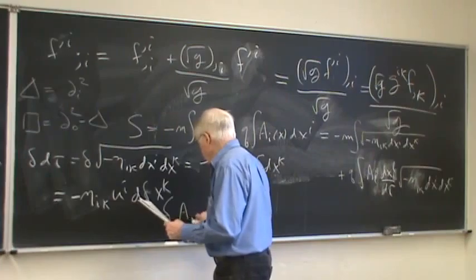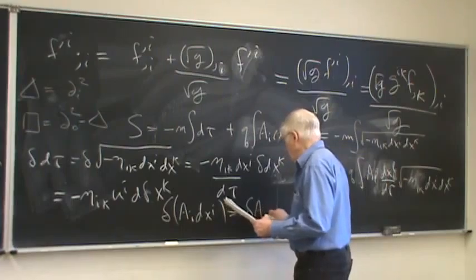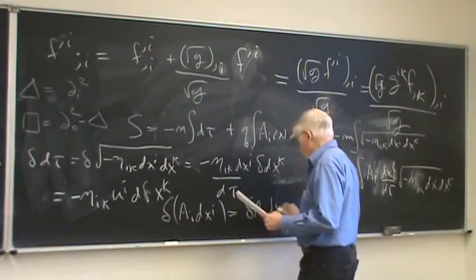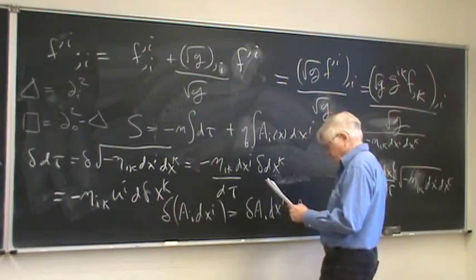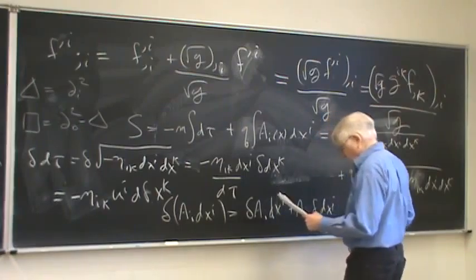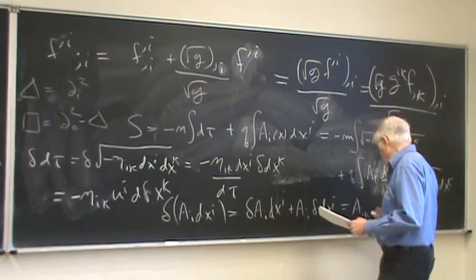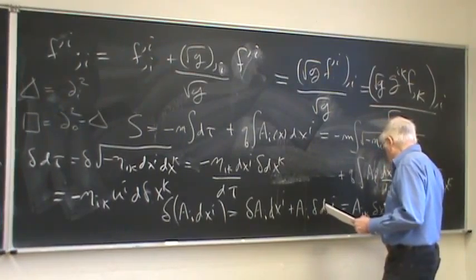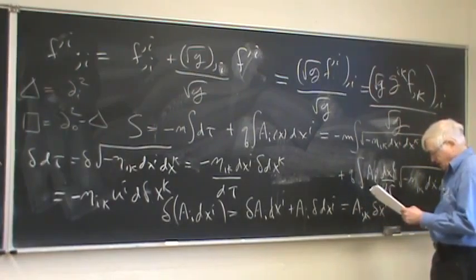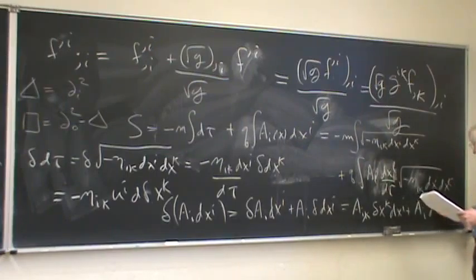The change in A_i dx^i is the change in A_i times dx^i plus A_i times the change in dx^i. And the change in A_i is A_i comma k, the change in x^k, times dx^i plus A_i d variation x^i. Okay, so these are the things that we have to put together.